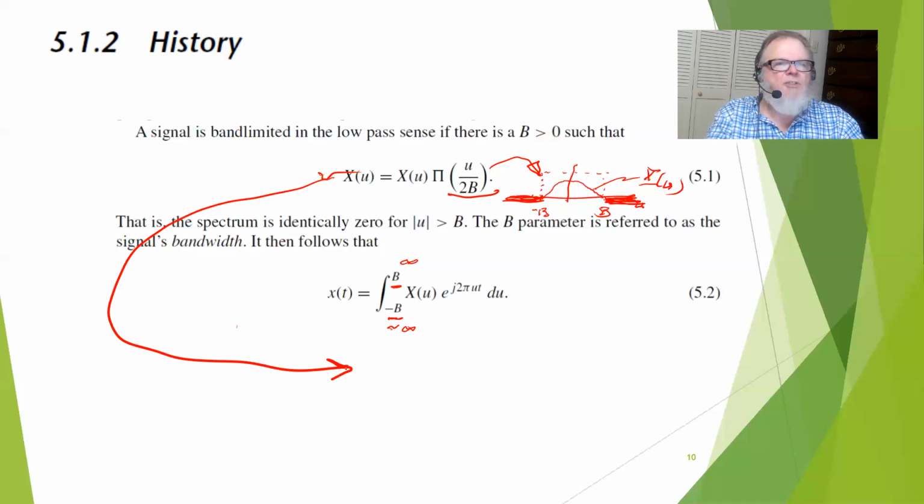Suppose we take this equation 5.1 here, and we inverse transform it. We get x of t is equal to x of t convolved with the inverse Fourier transform of this rectangle function, which turns out to be, using the scaling theorem, 2B times the sinc of 2Bt.